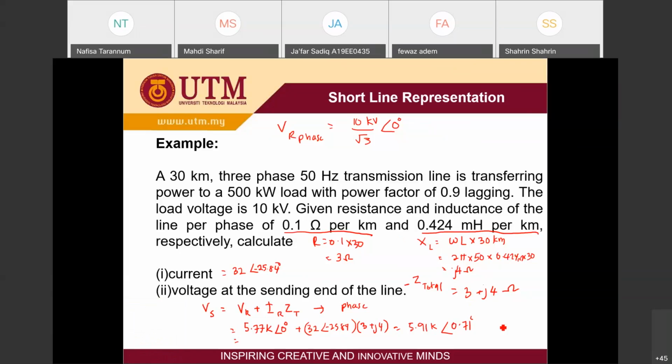So this is actually V phase. All are actually phase values. Usually we want the voltage value in line value, so what you need to do is convert it.